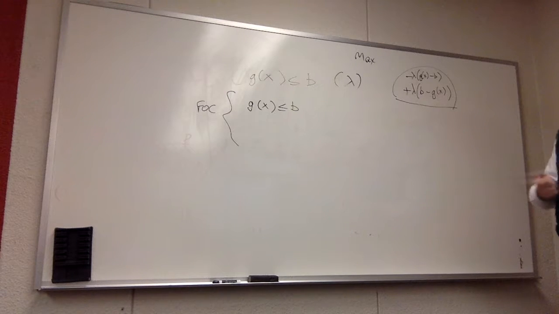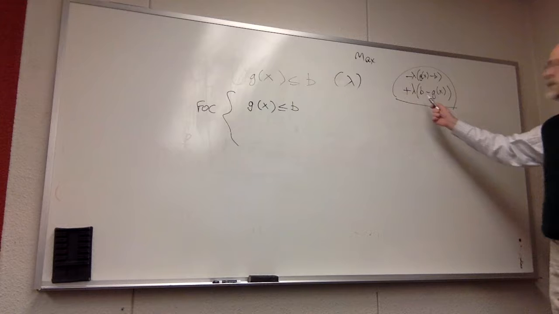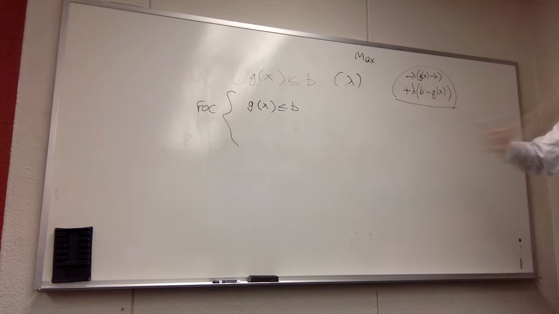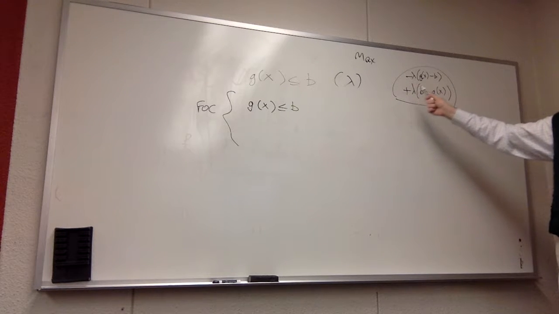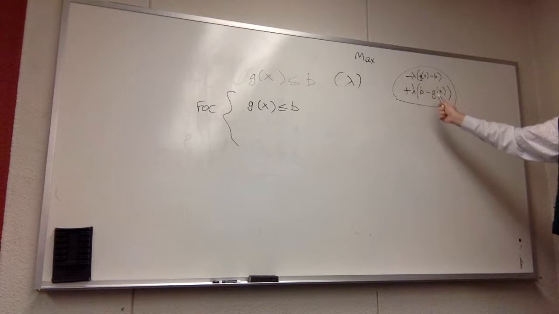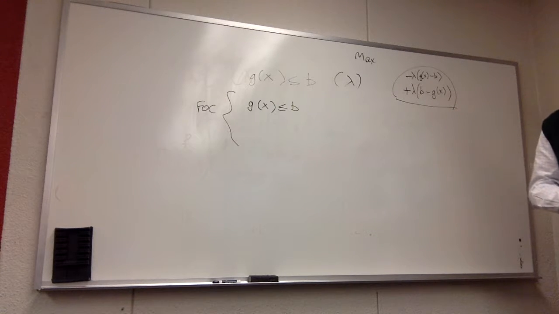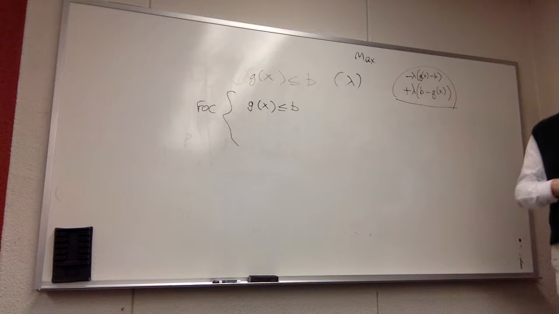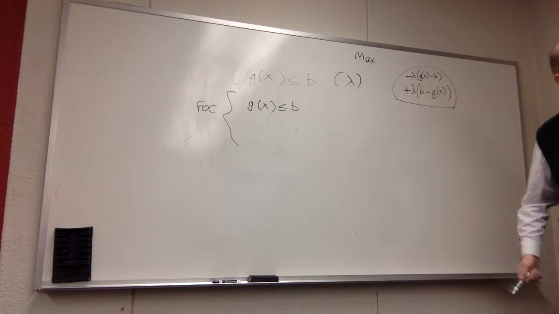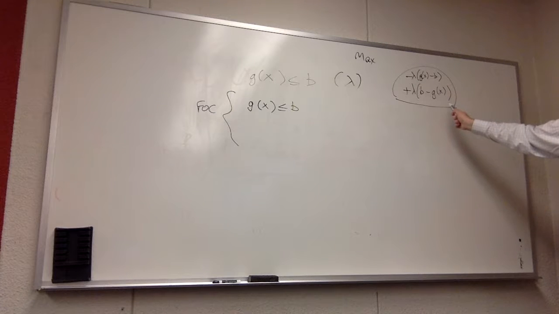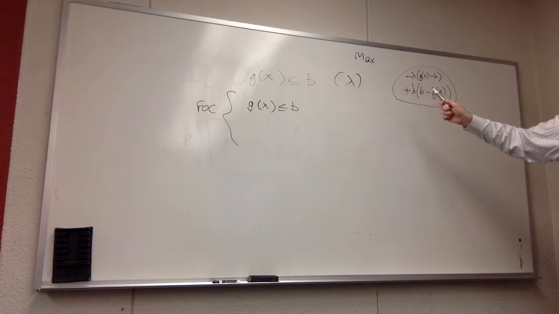For some reason, I like to have the plus in front. And then my mnemonic is my Lagrange multiplier has to be multiplying the constraint written in a way that what's in the parentheses is non-negative. If it's not given to you like that, then flip it around and make sure that what you enter here is the non-negative version of the constraint.